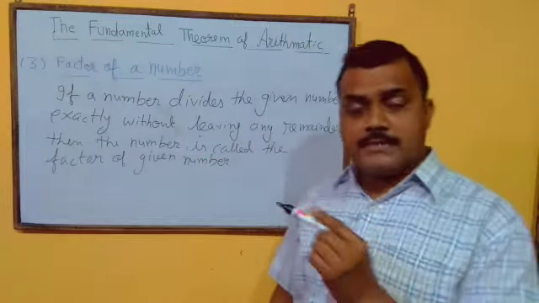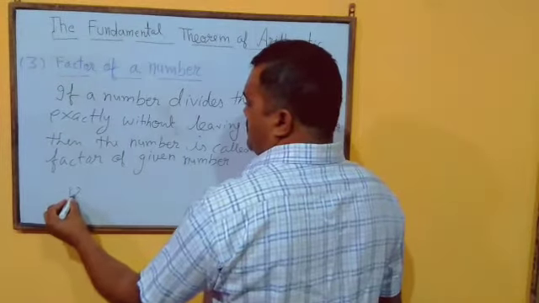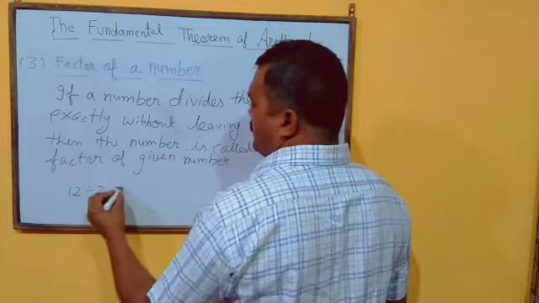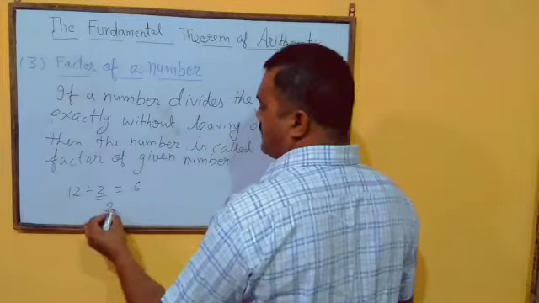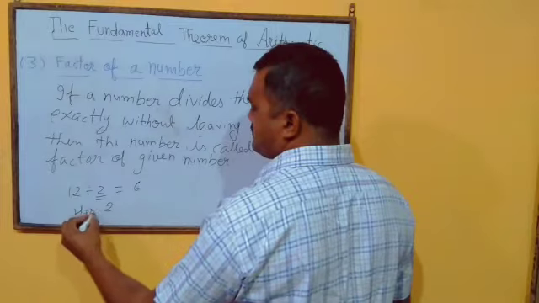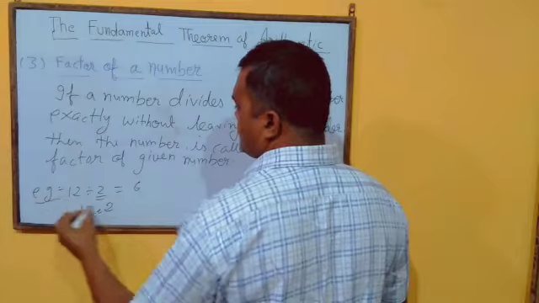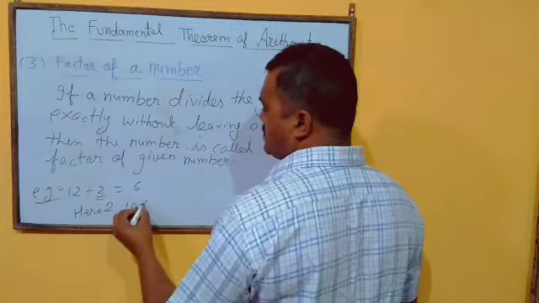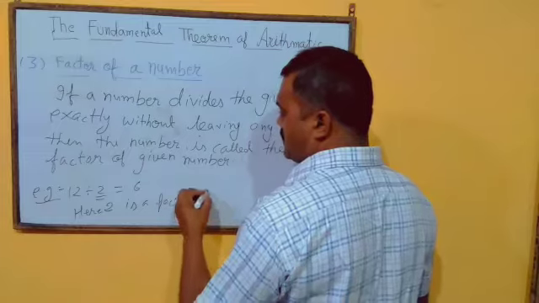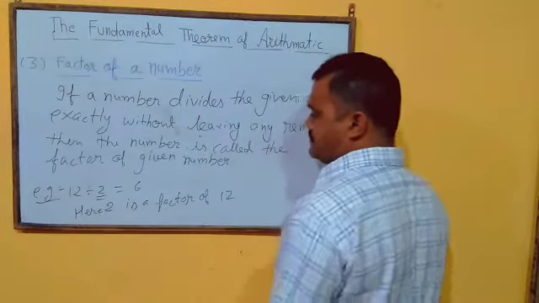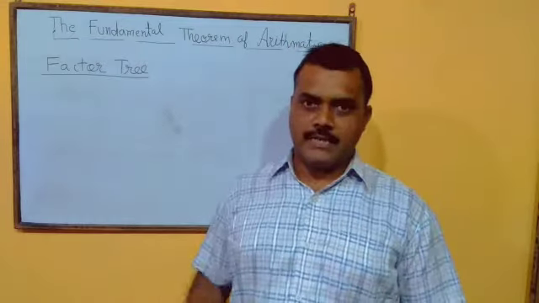Okay, so let us take an example of this. 12 divided by 2, we get 6. So there is no remainder. Then 2 is a factor of 12.